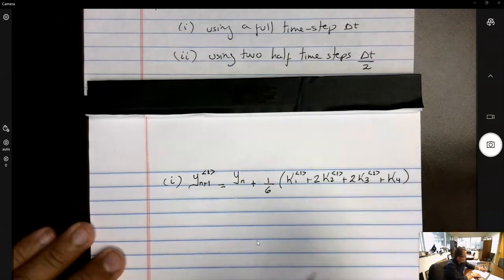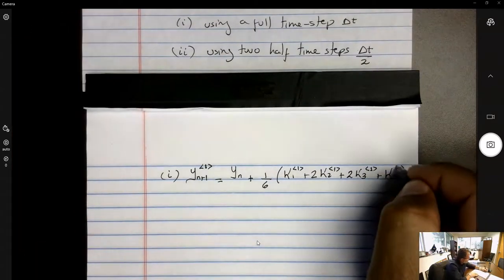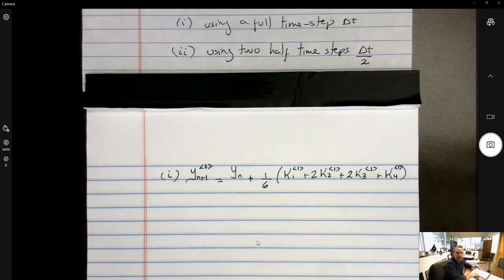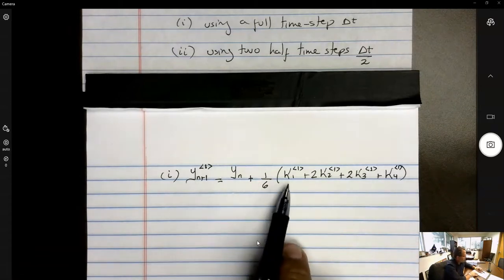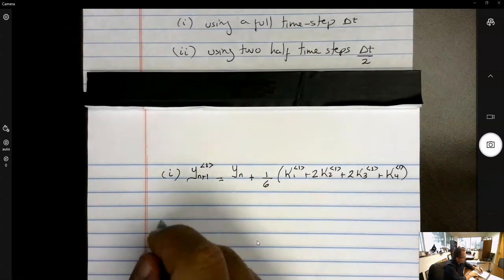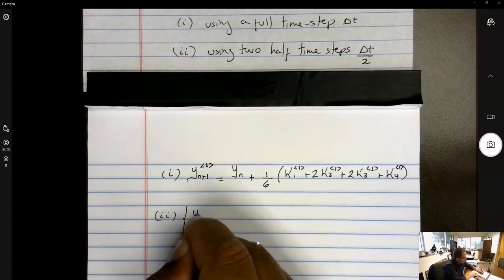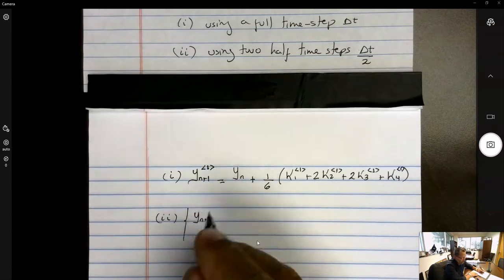This is the Runge-Kutta solution. You calculate the parameters k1 through k4 and linearly combine them this way to approximate the solution. This is a predictor and the three correctors, right? K2, K3, K4.